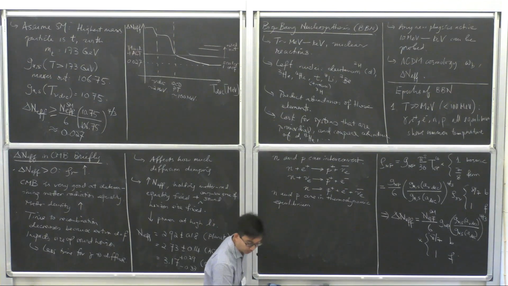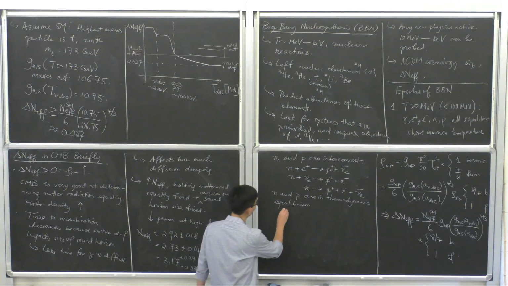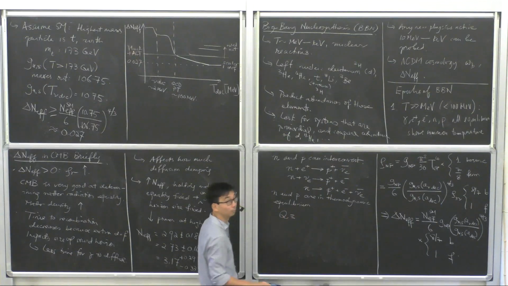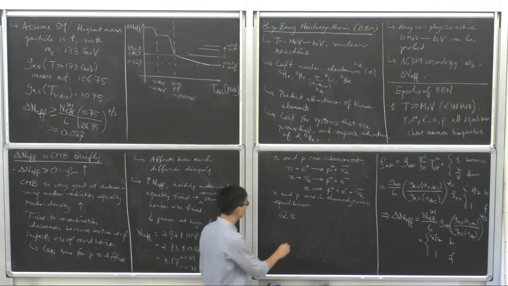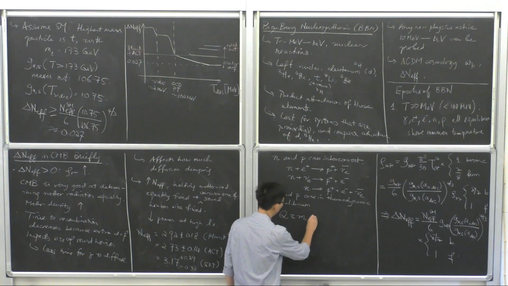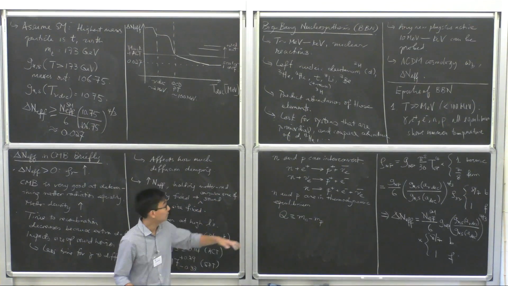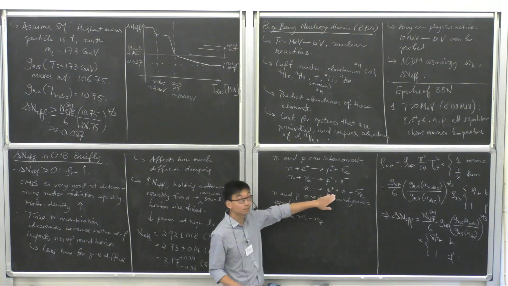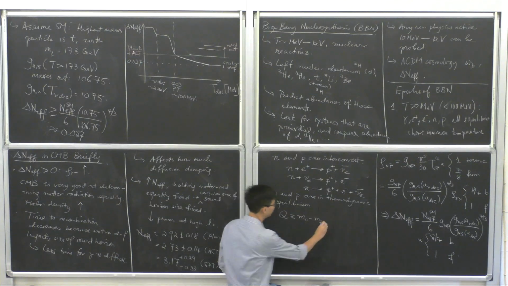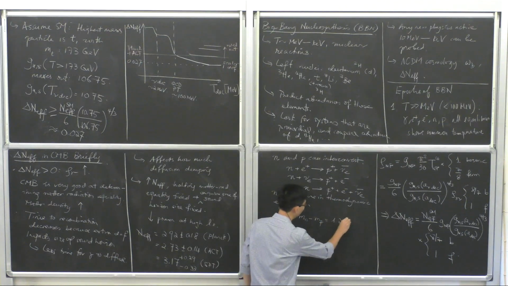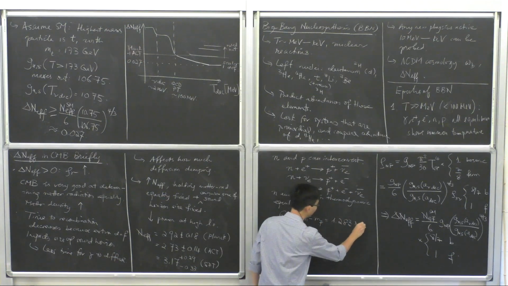And an important number to remember is what we call Q, which is the mass difference between neutrons and protons. Neutrons are a little bit heavier. You can see that neutrons can decay into protons. And this mass difference is 1.283 MeV.